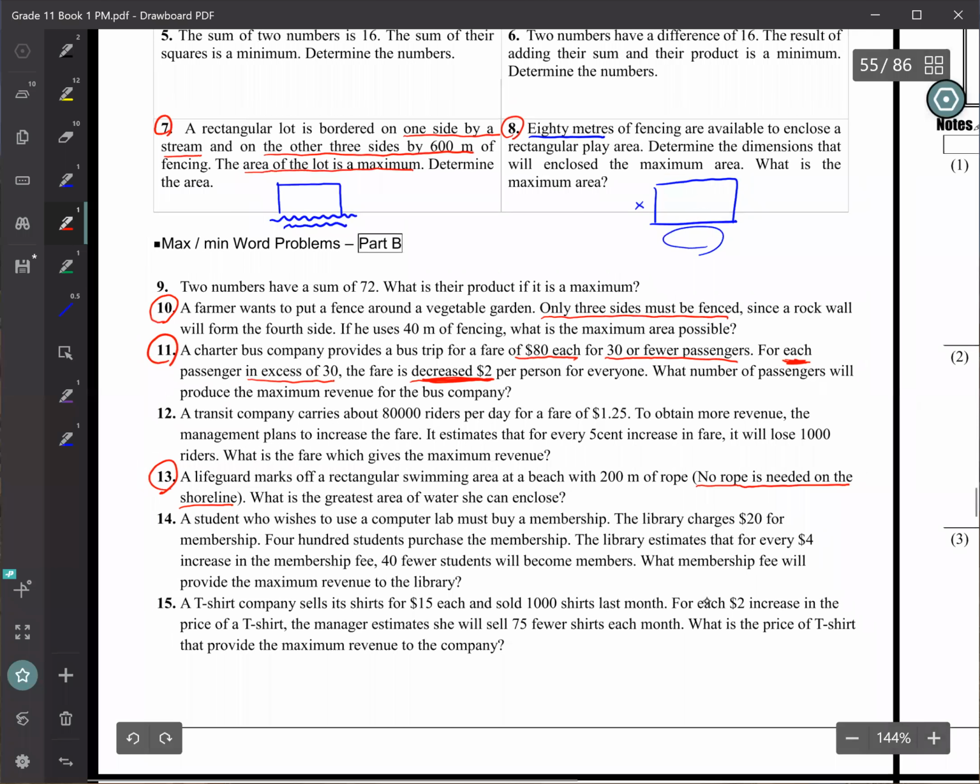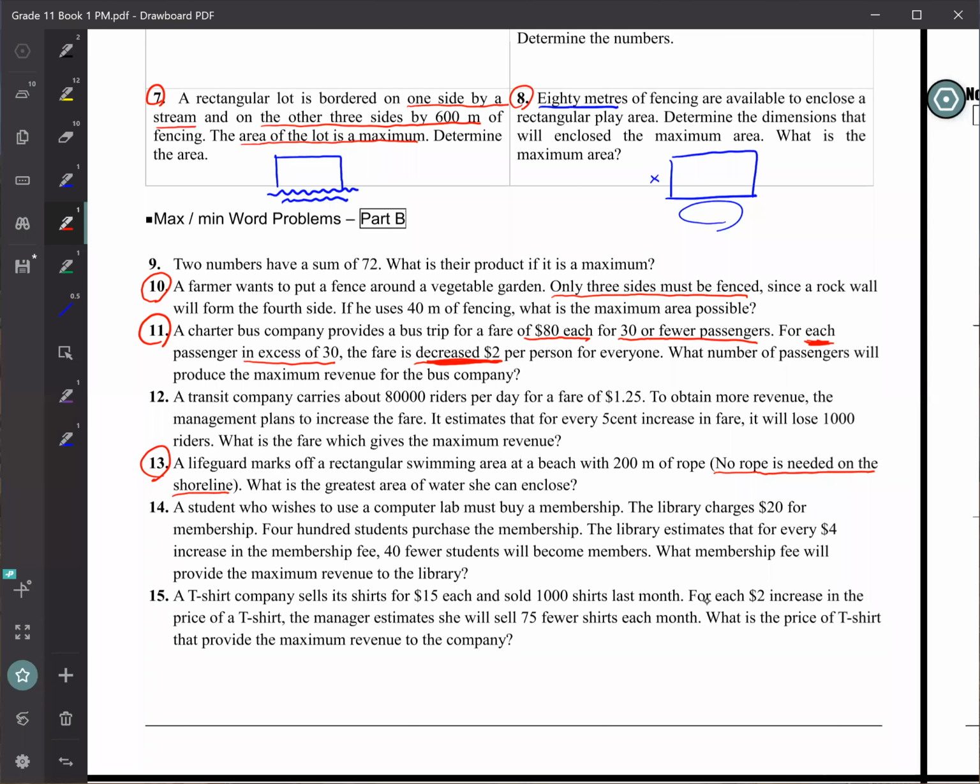And another one that I will be assigning is number, let me see, something like 14. 14 is talking about membership. Here we have a library that charges $20, and when you charge $20, 400 students will purchase the membership.